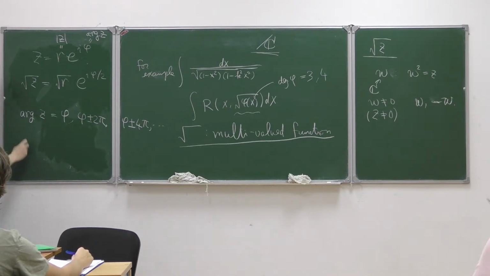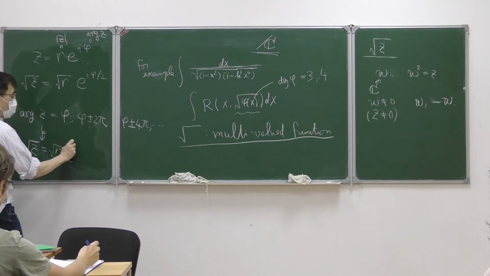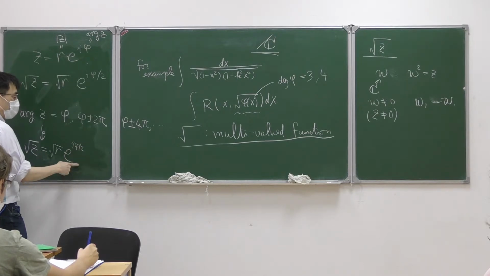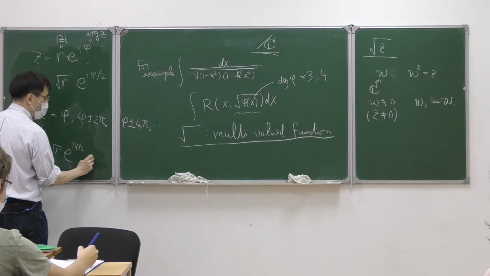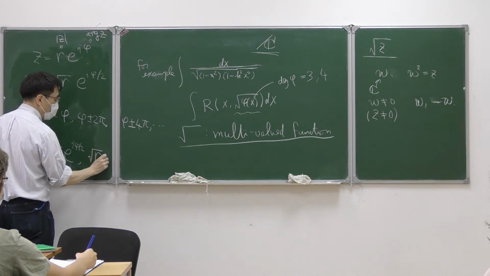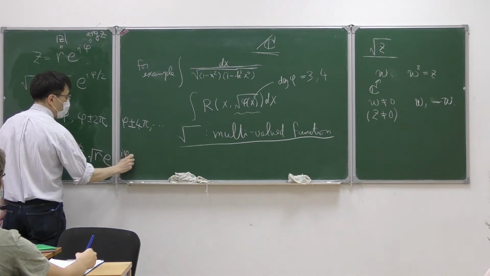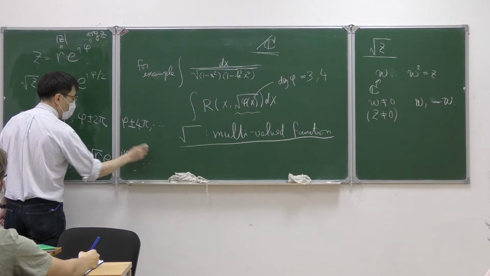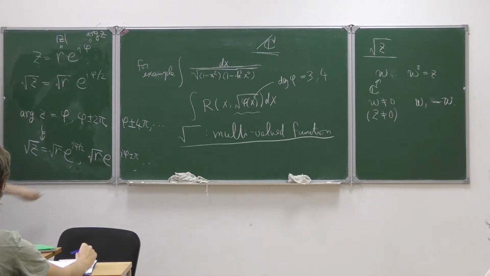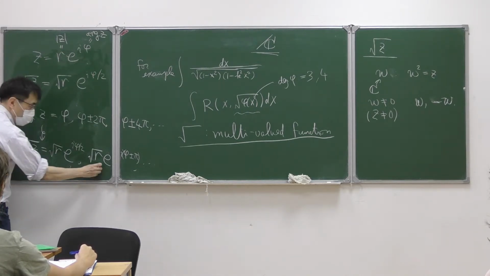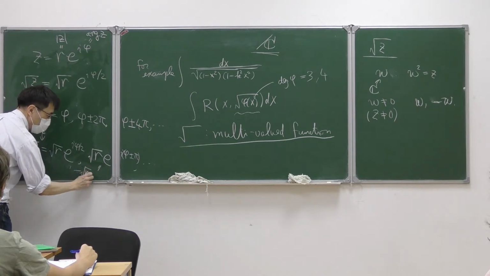So accordingly, the square root becomes, well, this part is okay, of course, or this is also a square root, and actually this is just minus the square root.